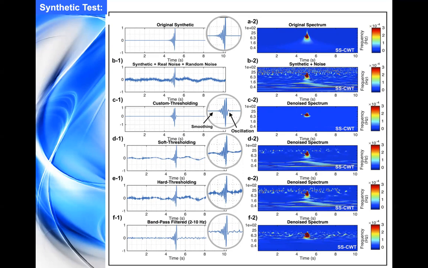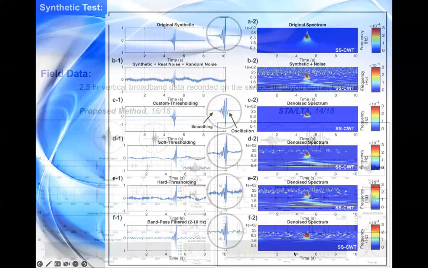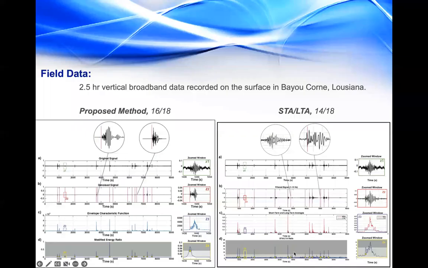The superior performance of this method compared to soft thresholding, hard thresholding, and bandpass filtering is clearly observable from the following rows. We applied this algorithm to 2.5 hours of vertical seismogram recorded on the surface in Bayou Corne, Louisiana. Left is the result of automatic denoising and detection proposed here.